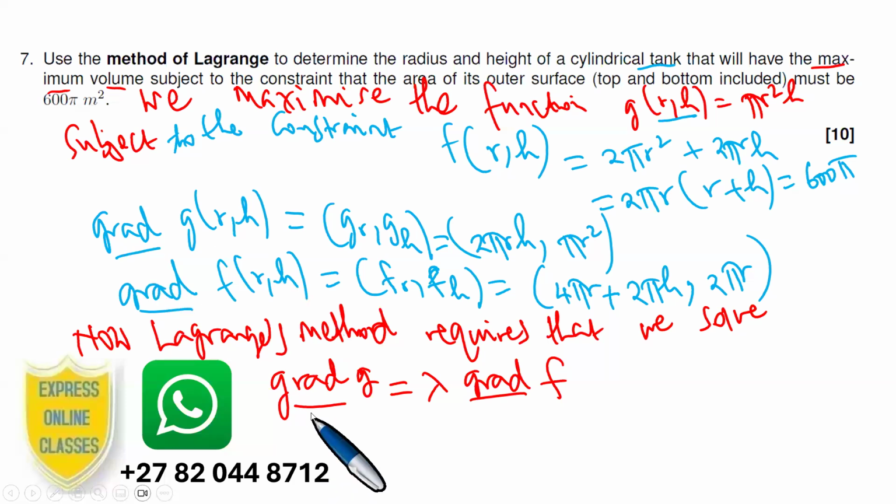But the method of Lagrange is that the gradient of G, which must be maximized, equals lambda times the gradient of F. F is the constraint, because F is 600 pi, a condition that F is a constant, and then we were able to get the answer. Any question on this? No. All right, think about it and make sure you understand.